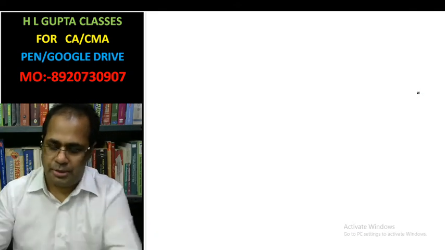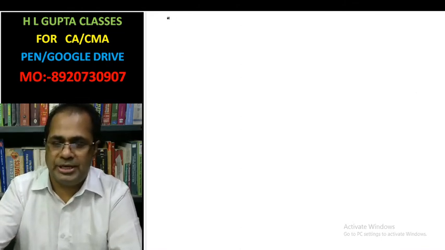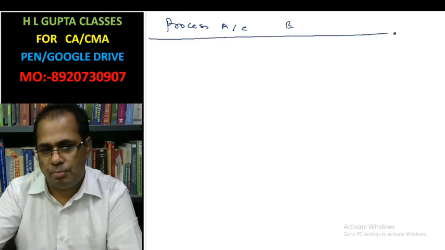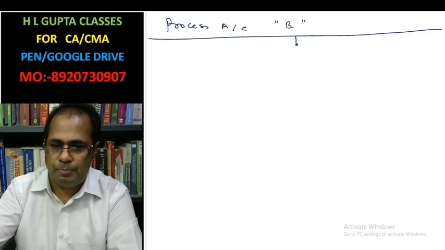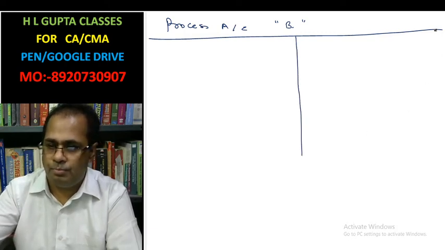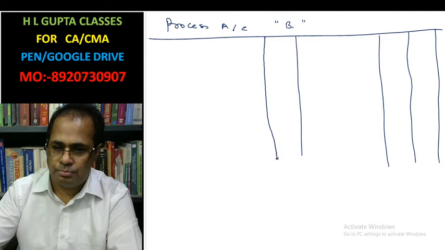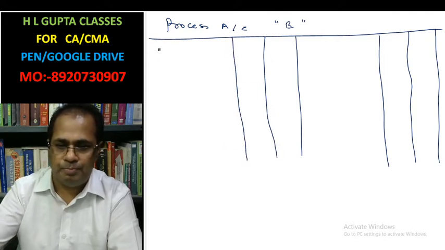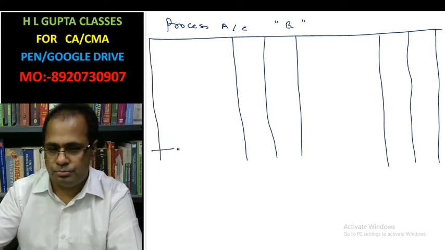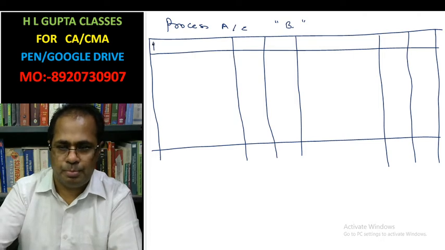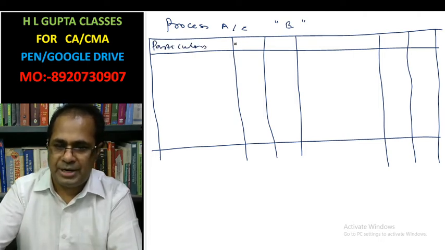Okay. Look at here. Process account B. Particulars, units, amount.